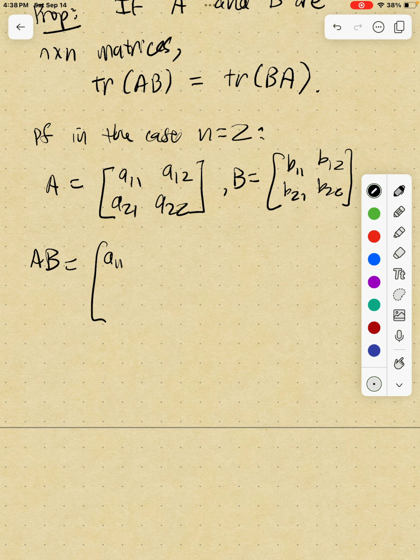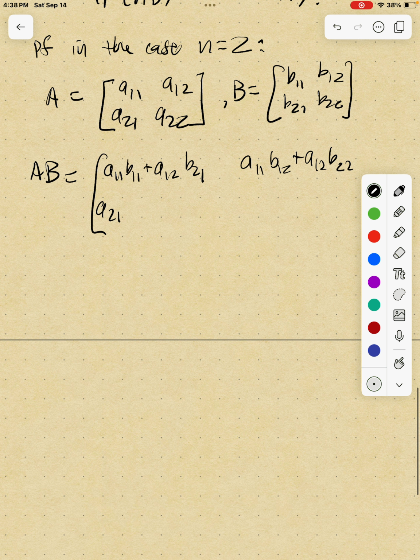It's A11, B11 plus A12, B21. And then A11, B12 plus A12, B22. And then A21. It doesn't even matter because we're taking the trace. We're just looking at the diagonal entries. So let's just skip to the last one. A21, B12 plus A22, B22. And then it's something.